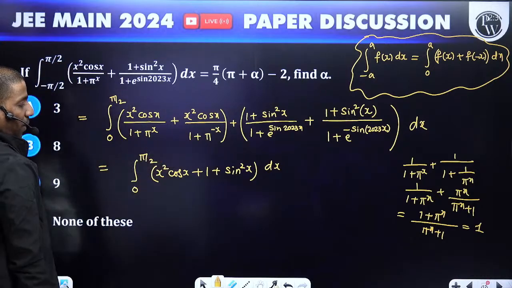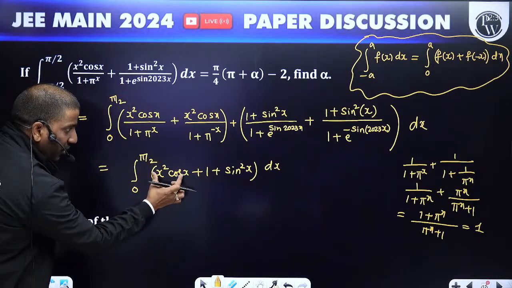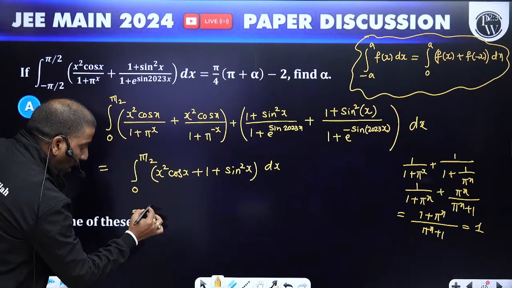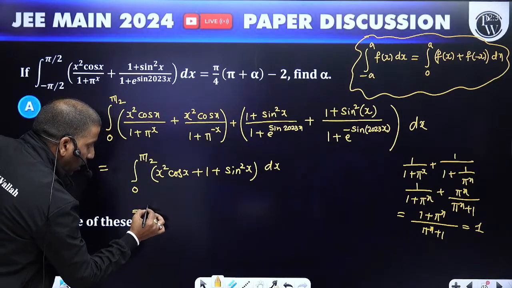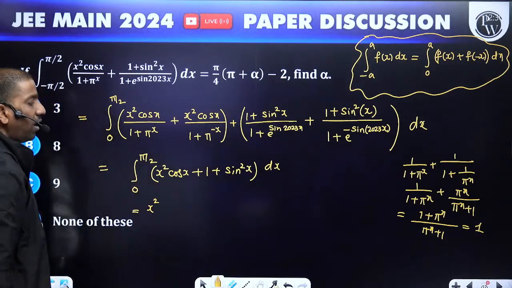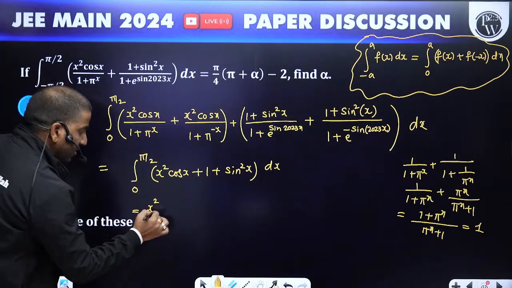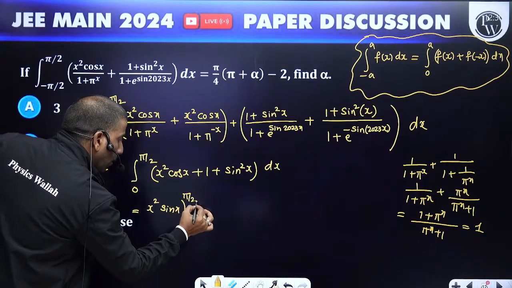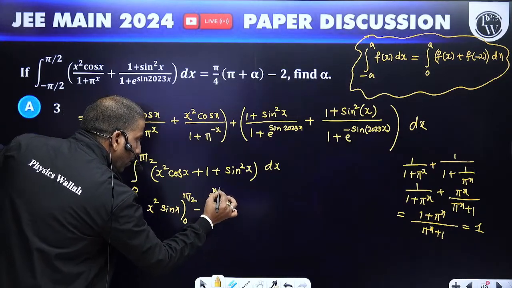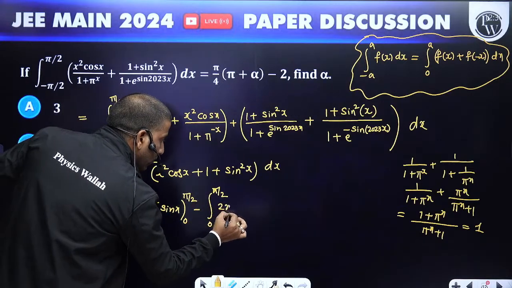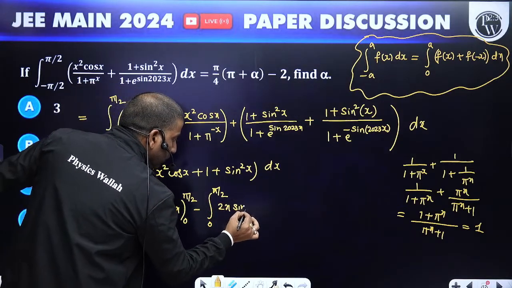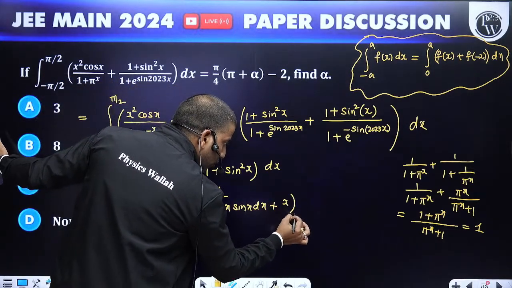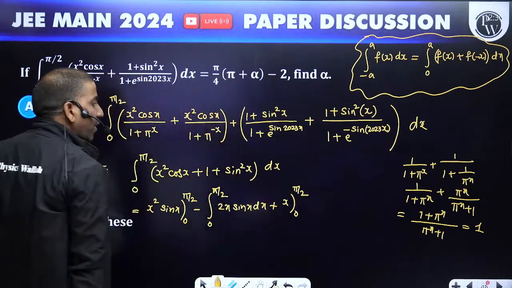Now we need to apply integration. But it's a product of functions, so we need to apply integration by parts. So I am applying integration by parts for this: x square integral of cos x is sin x, 0 to pi by 2, minus integral 0 to pi by 2 of the derivative of x square, 2x, times the integral of cos x, which is sin x, dx, plus integral of 1 is x, 0 to pi by 2, sin square x integration.